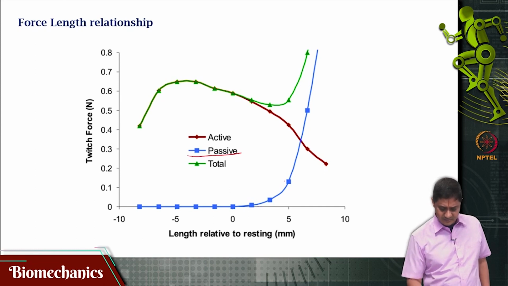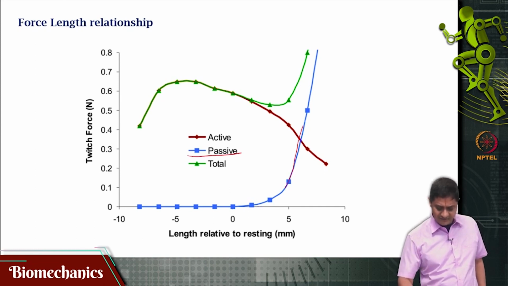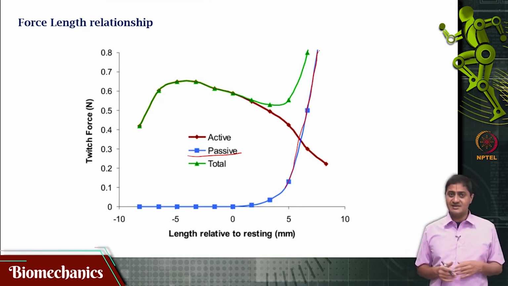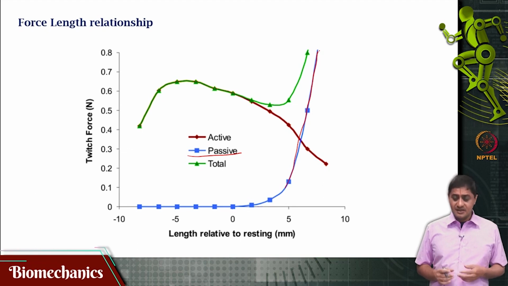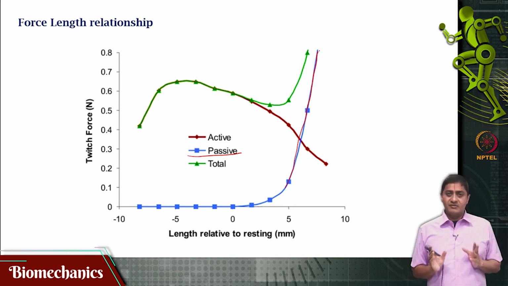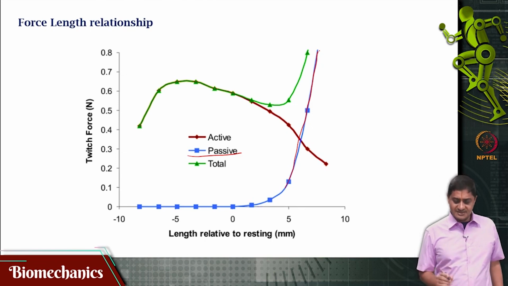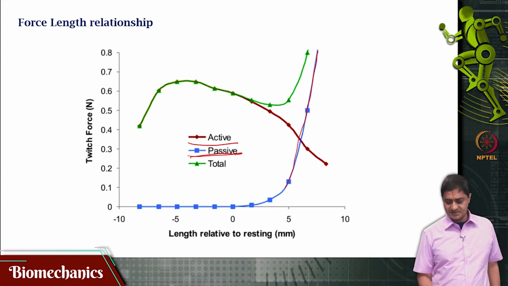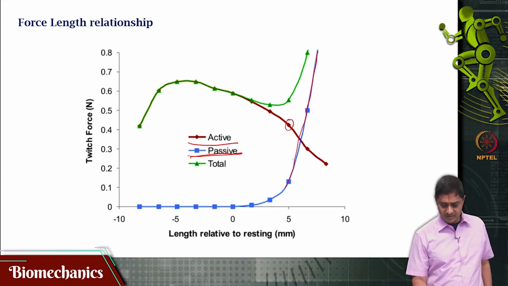The blue line is the passive response. As the length increases, after some point the muscle starts resisting stretch. This is due to passive properties that the muscle has. The net force that is developed is the sum of the active force and the passive force, that is the sum of the brown curve and the blue curve.